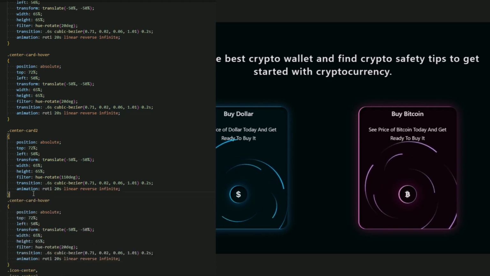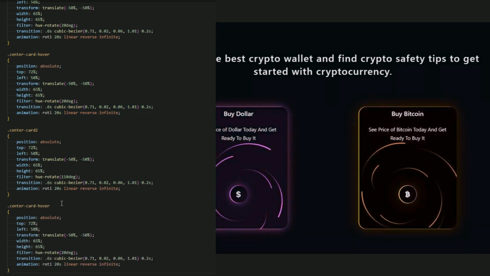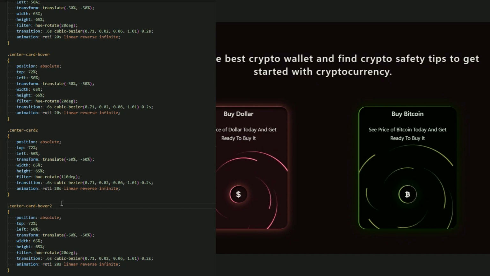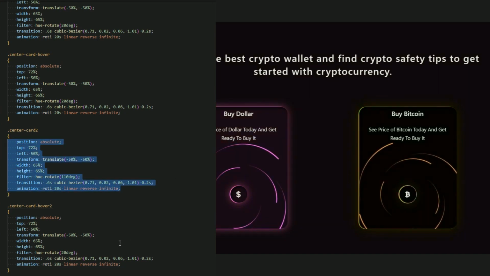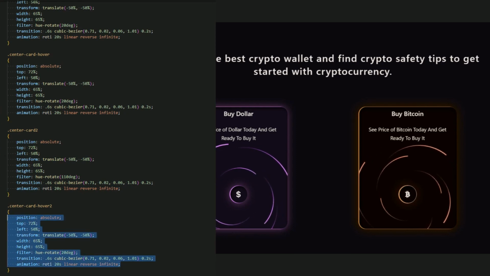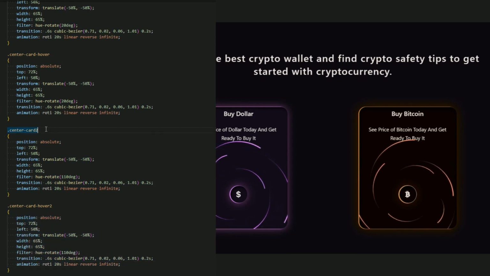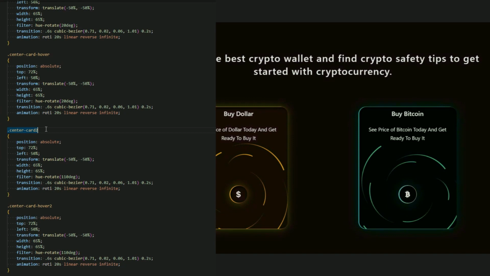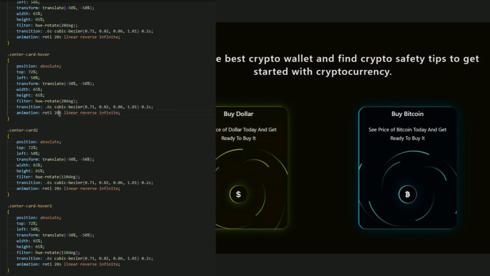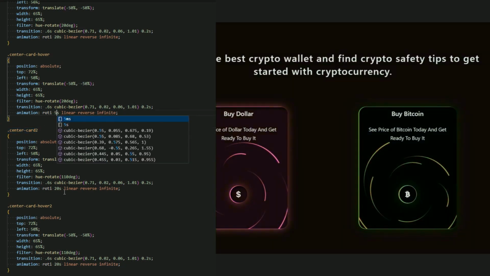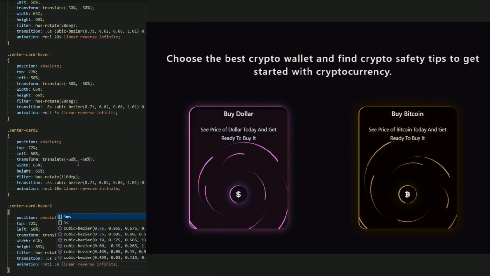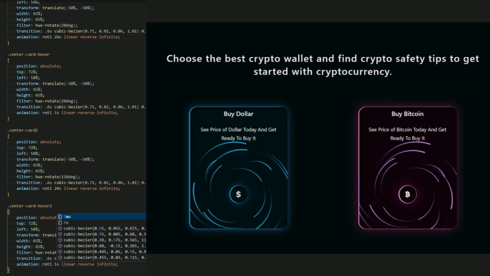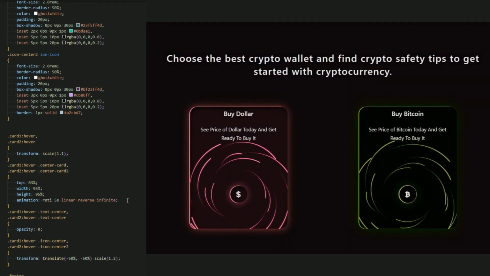Sorry for this, guys, let me copy this and paste it for center card 2. Here we go. And now all you need to do is reduce this animation to 5 seconds. Now let me remove this animation from the hover.